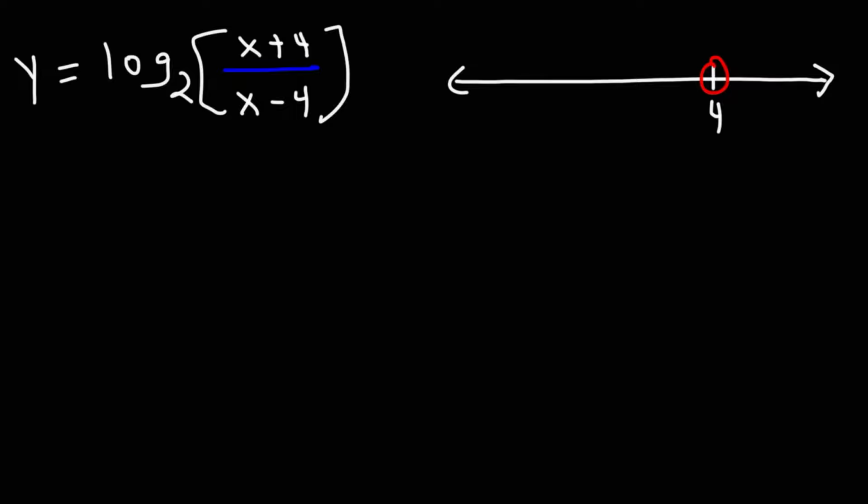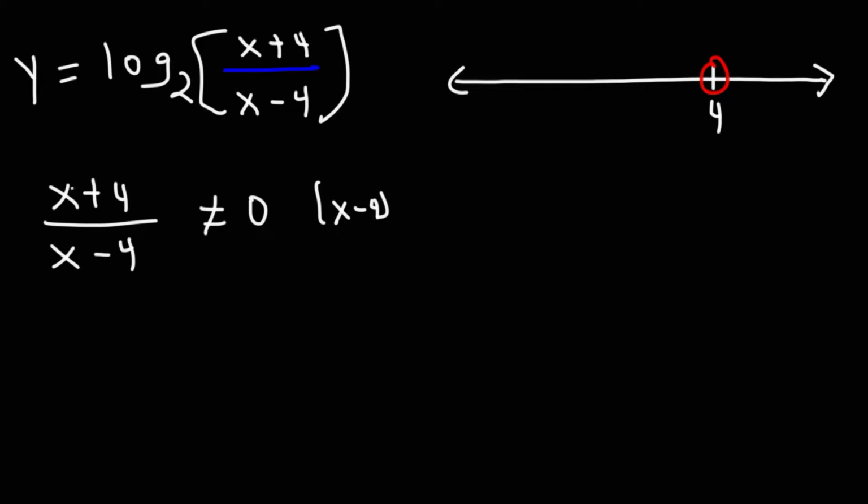Because we're dealing with logs, this has to be greater than 0. If it has to be greater than 0, we can also say that it must not be equal to 0. If you multiply both sides by x minus 4, these will cancel.